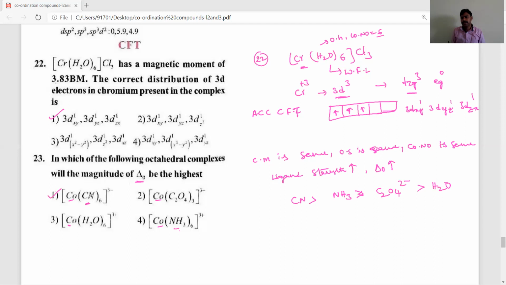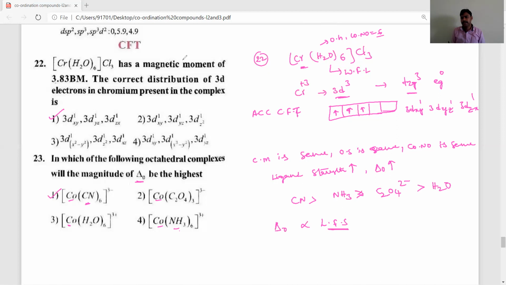That's why the first complex has a higher delta naught value compared with the fourth complex, then the second, and then the third. Delta naught is directly proportional to ligand field strength. If ligand field strength increases, the delta naught value increases. So the first option is correct.